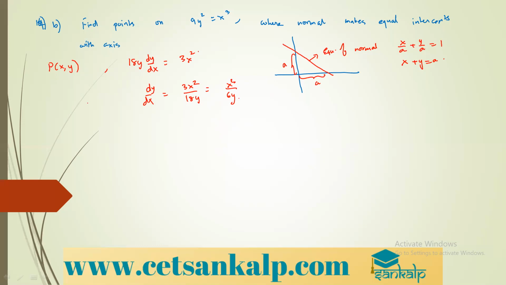Now this is the slope of the tangent. What will be the slope of the normal? It will be minus 6y by x square.